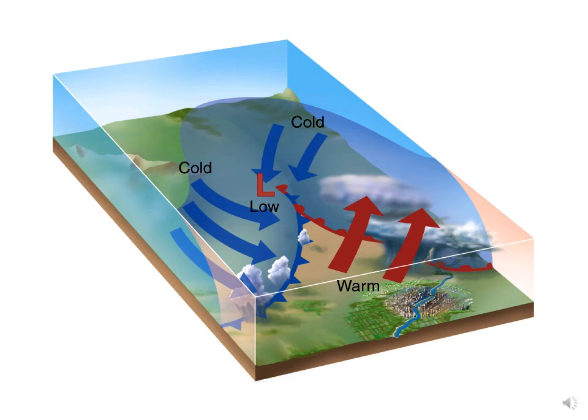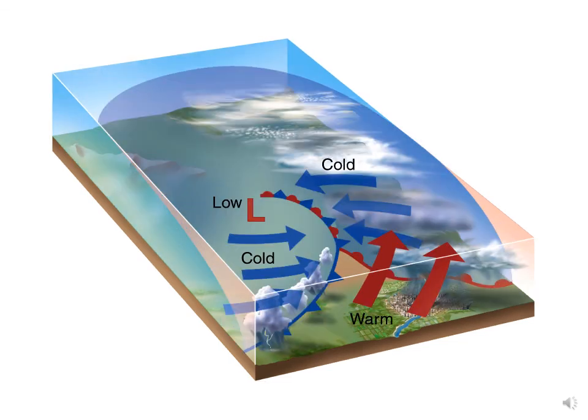As that cold air continues to advance, it can dive underneath the warm front and can create an occluded zone, or in this case, a stationary front. And here we have a stationary front or an occluded front between the junction of the warm front and the cold front and the low pressure center.